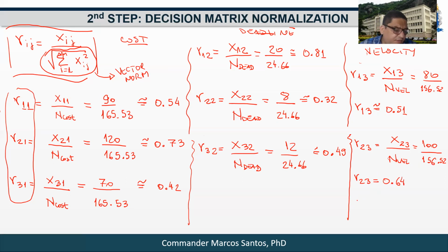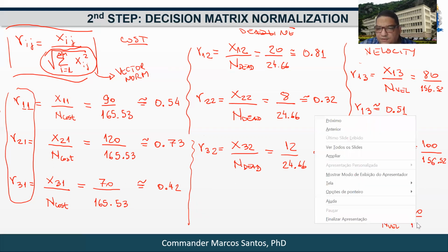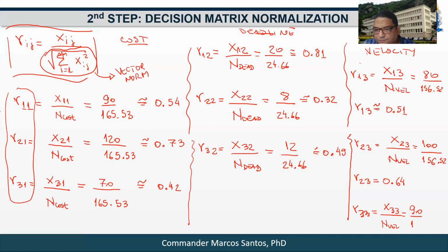And lastly, R33 is equal to x33 over the velocity vector norm. So we have 90 over 156.52 equals 0.58.